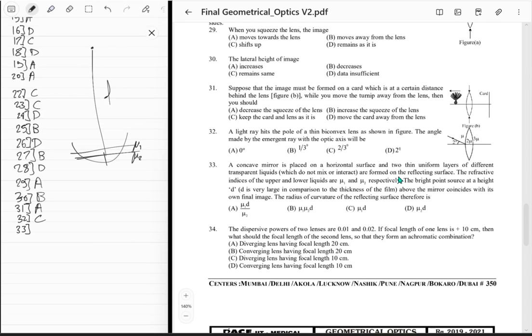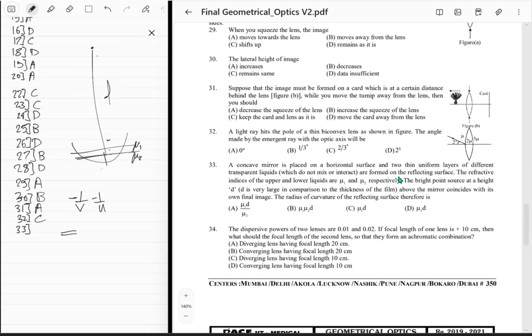Oh yeah. So let's do it. The final index of the thing will just be negative. So negative 1 upon v, and then initially the index was 1, so negative 1 upon u is equal to. So first surface, you are going from 1 to mu1, so that upon the radius of curvature, which goes to infinity, so that's 0. Oh, nice.